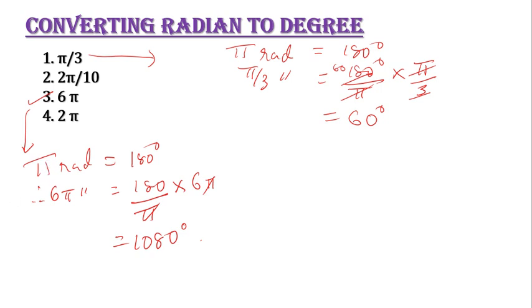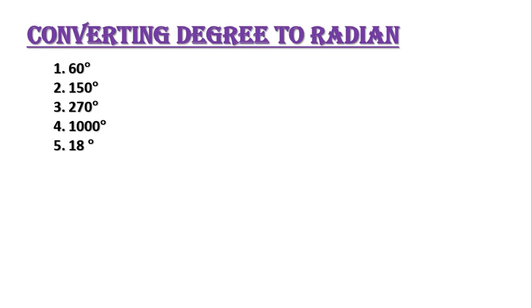Okay, now next, moving to the next specific question, the reverse of the previous slide, which says convert the degree to the radian. Now they are giving us five angles, and they asked us to convert these angles into radian. Now how will we approach? See, first I am doing this big figure, 1000 degree.